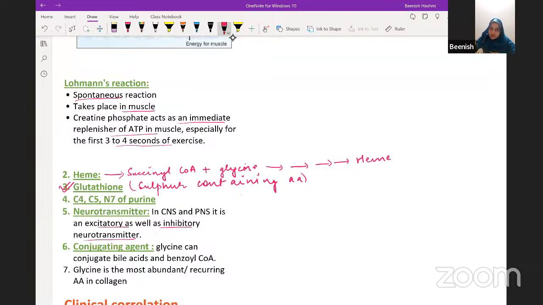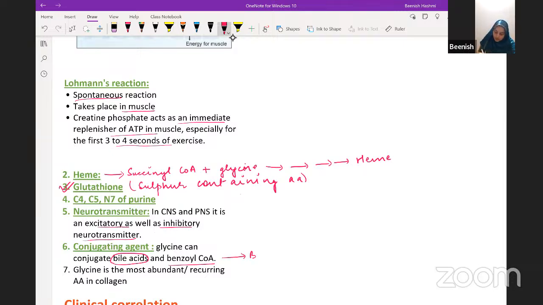Then conjugating agents, your glycine also acts as a conjugating agent. We've already seen taurocholate and glycocholate formed, the bile salts. They were bile acids that were conjugated, and also for the conjugation of benzoyl CoA. So you already studied the conjugation of bile acids in cholesterol synthesis, and about benzoyl CoA we will study in xenobiotics.